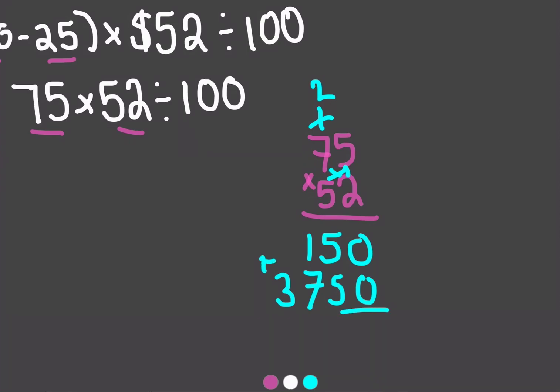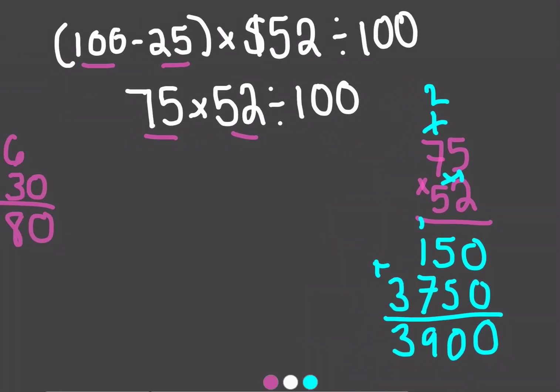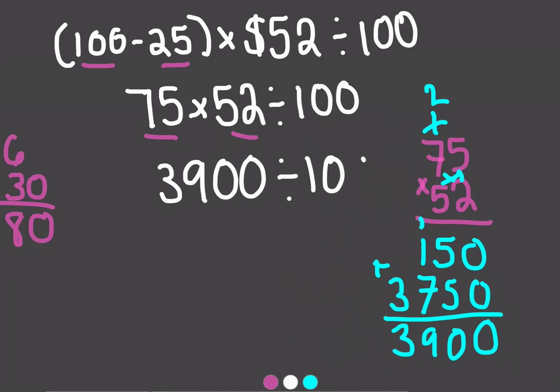And I need to add those two numbers together. 0 plus 0 is 0. 5 plus 5 is 10. 1 plus 1 plus 7 is 9. And 3. So I figured out that 75 times 52 is 3,900. To divide it by 100, all I'm doing is taking my decimal and jumping it back two place values.